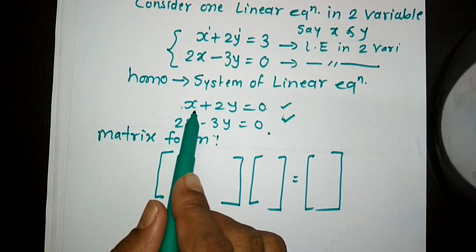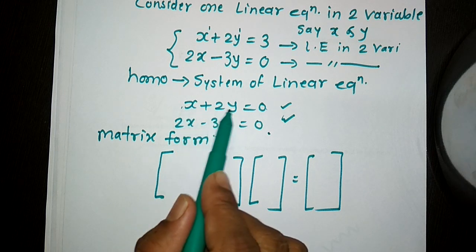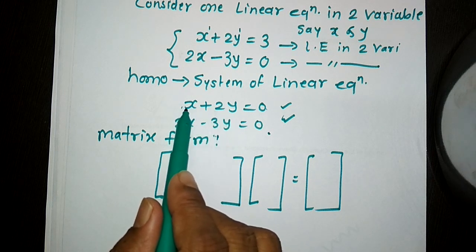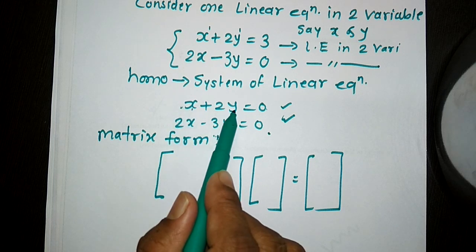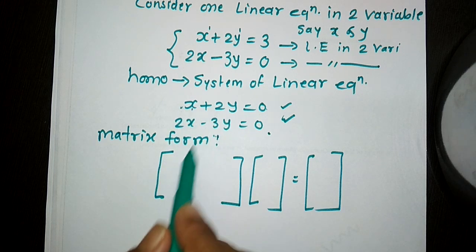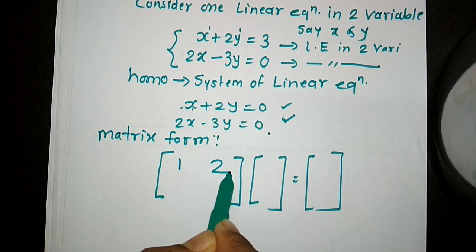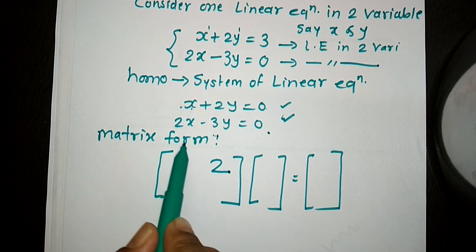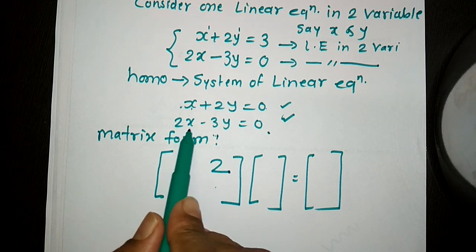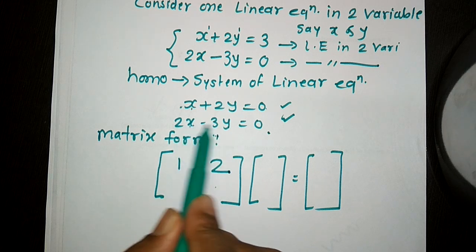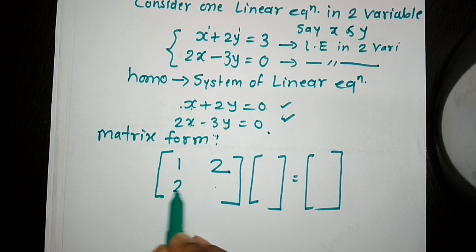For the first equation, there are two variables. We collect the coefficients of the variables in the first equation. The coefficient of x is 1, the coefficient of y is 2. These 1 and 2 you write in the first row of this matrix. Similarly, the second row of this matrix is the coefficients of x and y in the second equation, that is 2 and minus 3.